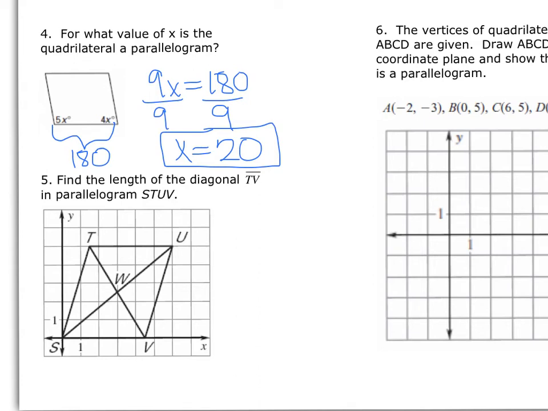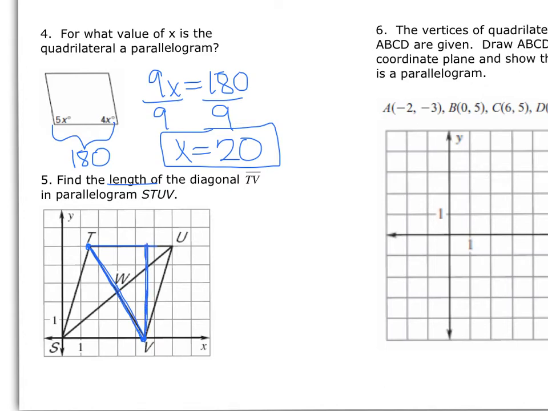Number 5, find the length of the diagonal TV. So here's the diagonal TV, and we have to find the length. So remember, to find length on the coordinate plane, we have something that's in the middle here. We have another middle here. So we're going to build our triangle.